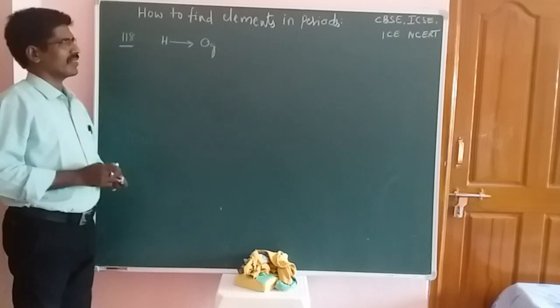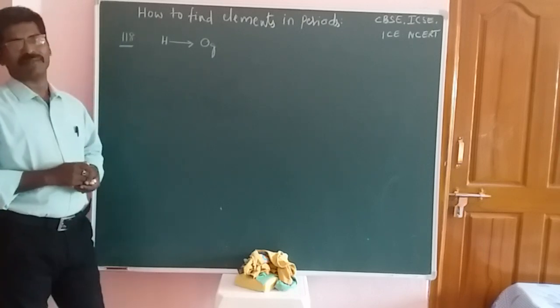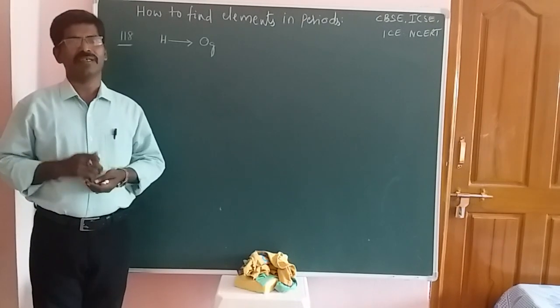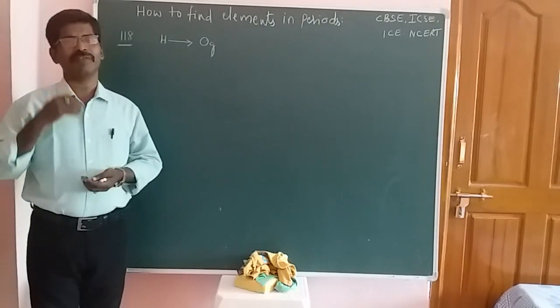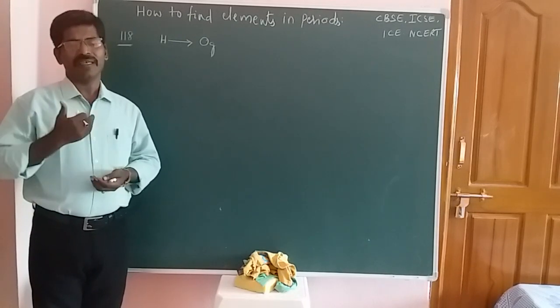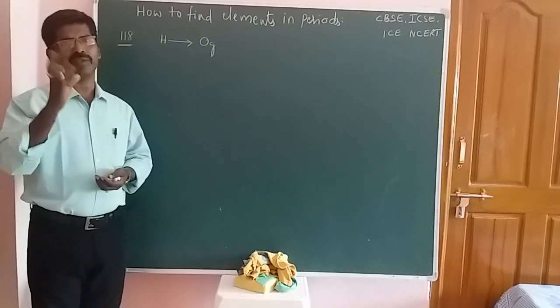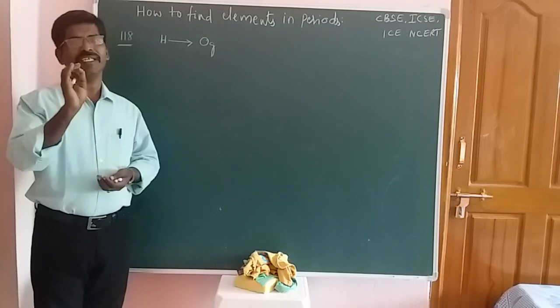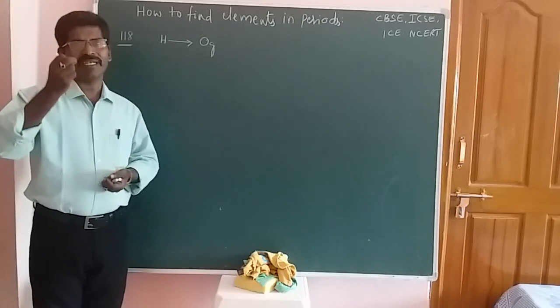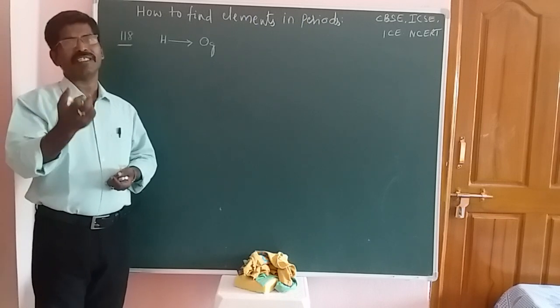We know already, in the first period 2 elements, second period 8 elements, third period 8 elements, fourth period 18 elements, fifth period 18 elements, sixth period 32 elements, and later one element was discovered. The sixth and seventh periods consist of 32 elements.